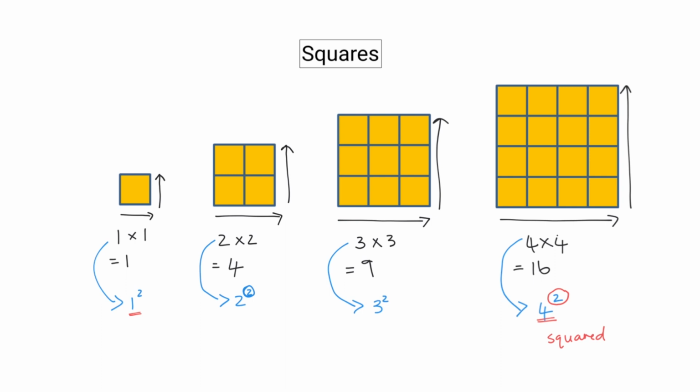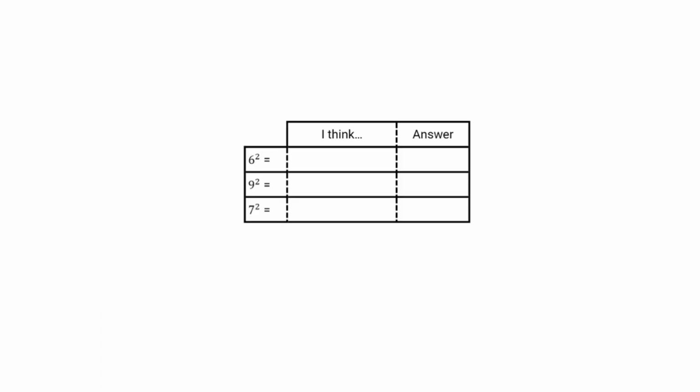Let's look at a few more examples. If we look at these 3 examples over here, we can either say 6 to the power of 2, 9 to the power of 2, 7 to the power of 2, or we can say 6 squared, 9 squared, 7 squared. The more common way is to use the word squared.